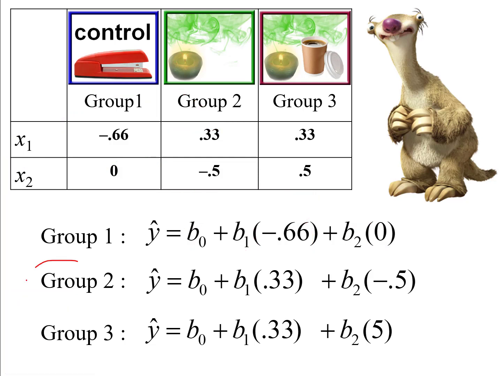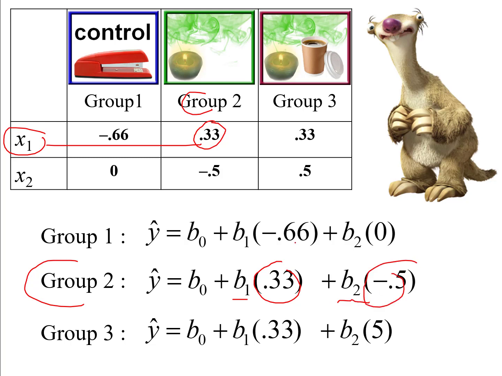Or if someone's in group 2, we see that the equation for them would be slope 1 times 0.33, because for people in group 2, your score on x1, on the first x variable, is 0.33, plus slope 2 times negative 0.5, because if you're in group 2, your score on the second x variable is negative 0.5.